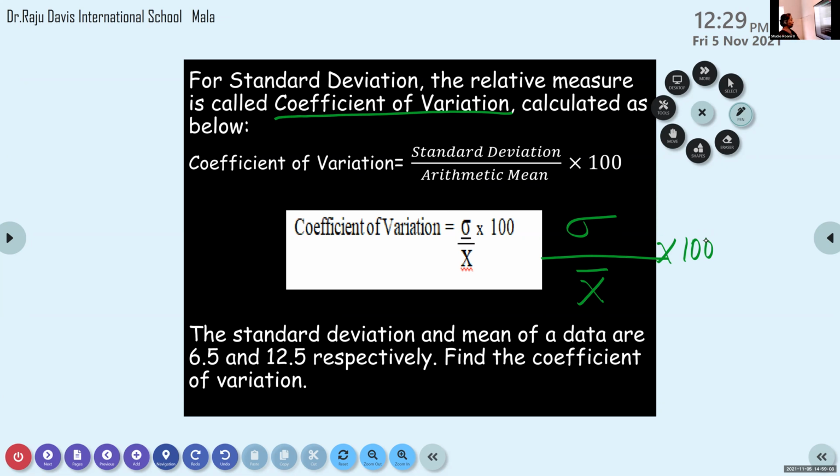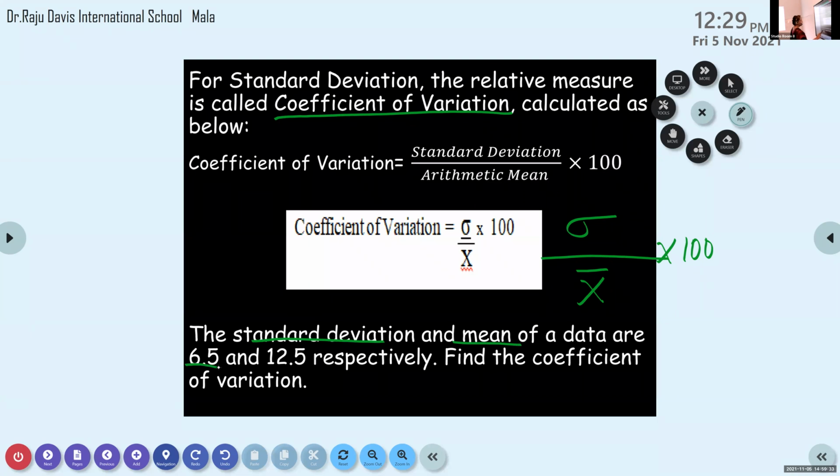Okay. Now here one question is given. If they have given a table, there also you can find the standard deviation and the arithmetic mean, then you can find the coefficient of variation. Here in this particular question, I have given you directly the standard deviation and mean.